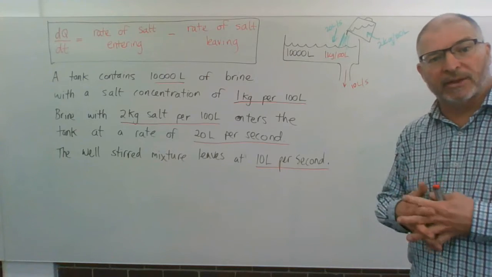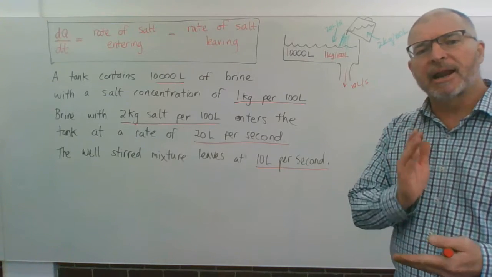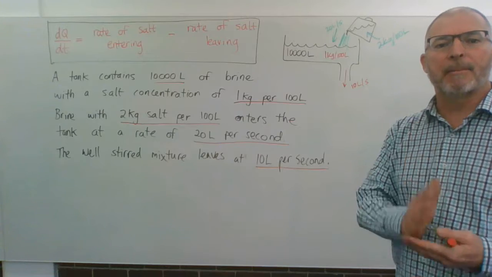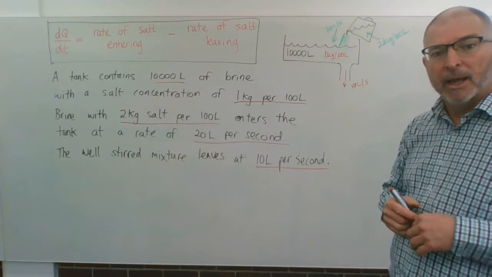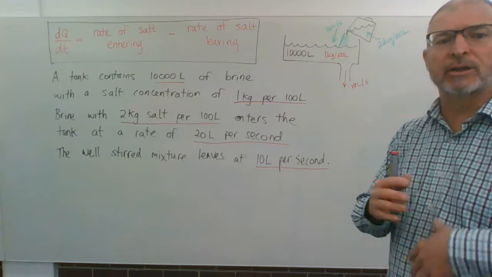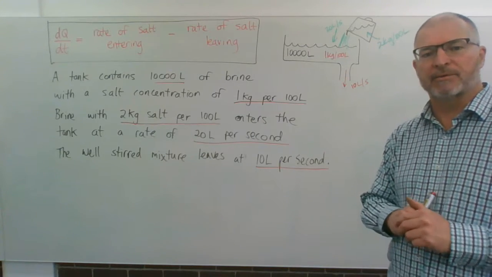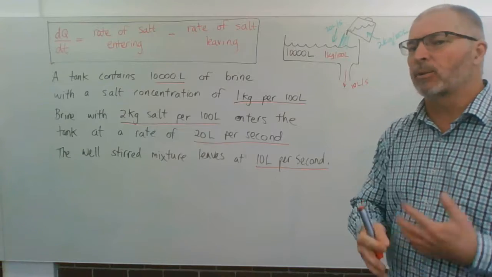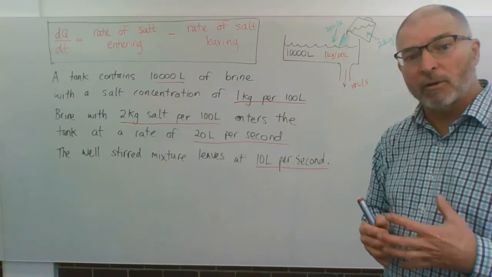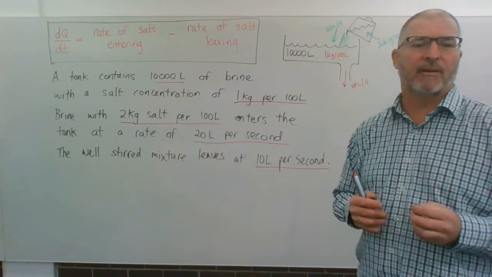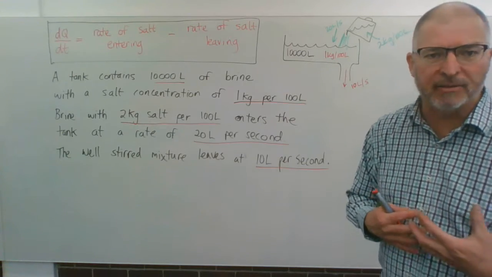So the question then will be, get an equation for the amount of salt in there over time, at any particular time. And the way we arrive at our answer is to look at the rate of change of the amount of salt. If we know the rate at which the amount of salt in the solution is changing, then we can solve that differential equation to figure out what the amount of actual salt is in there.